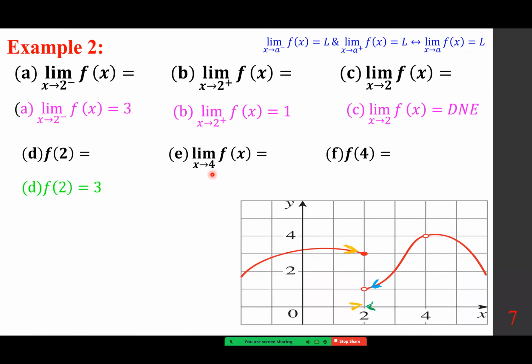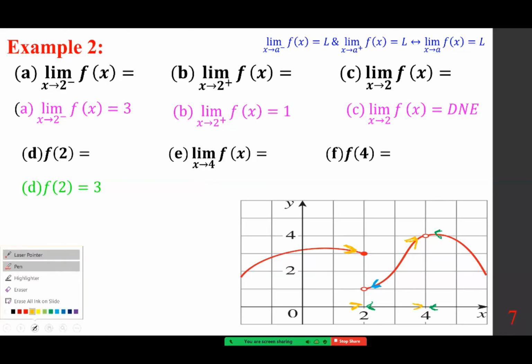The limit of f of x as x approaches 4. Here's number 4. Here's the left side of number 4. Here's the right side of number 4. From the left side, we are moving this way towards this hole.